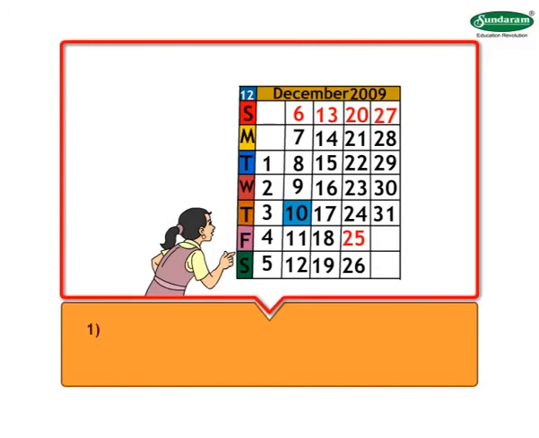1. To which year does this calendar belong? The answer is 2009. 2. What day of the week is the first of the month? We can see that the number 1 is written beside T for Tuesday.